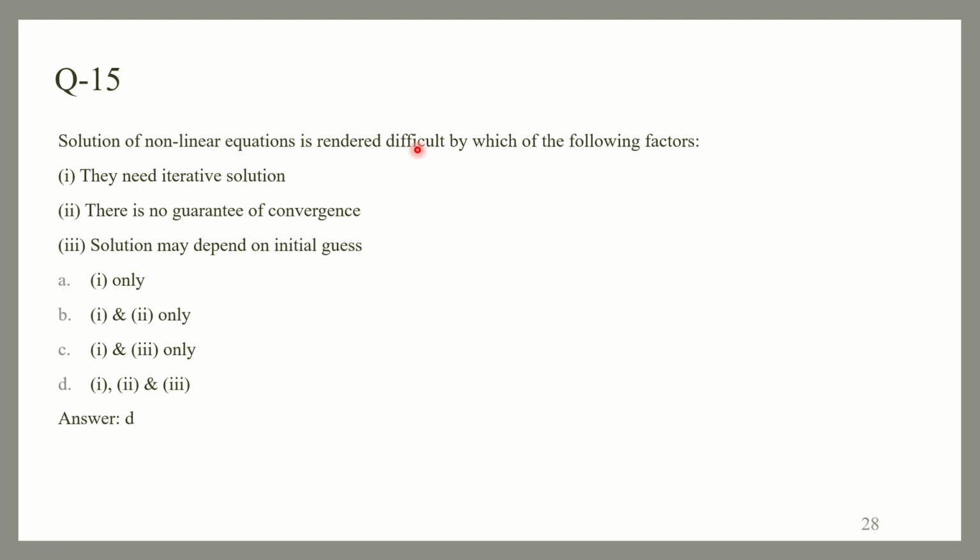There are times when you need the converged solution, and it keeps not converging. The solution also depends on the initial guess. Sometimes it happens that if you give a far away guess, it goes into a loop and the solution gets diverged. Yeah, diverged, that was the word I was looking for. So there is no guarantee of convergence, and there are high chances for divergence. So we'll go to question 16.